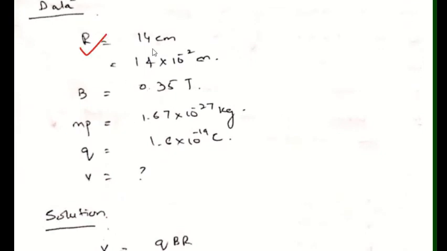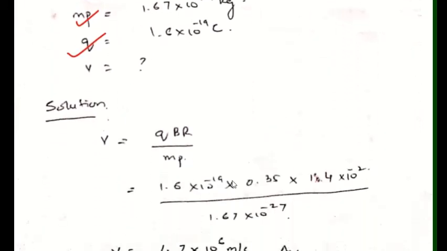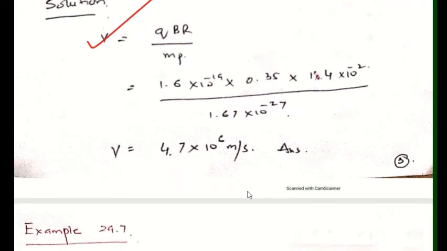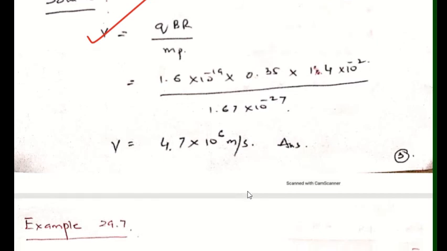Radius is given as 14 centimeters, which is 14 times 10 to the power minus 2 meters. The magnetic field is given, the mass of the proton is known to us, and the charge on the proton is also known to us. So we will use this formula, v equals qBr over mp, putting in the values, and the linear speed is 4.7 times 10 to the power 6 meters per second.